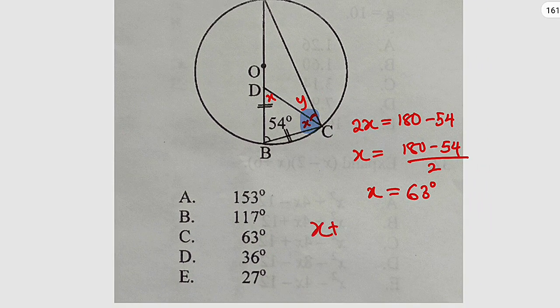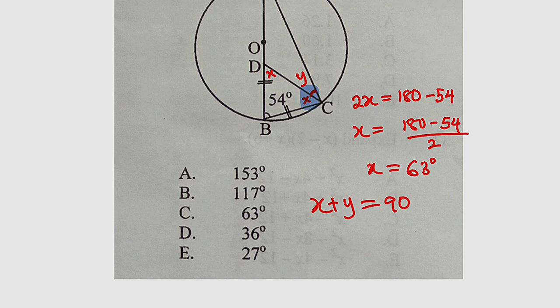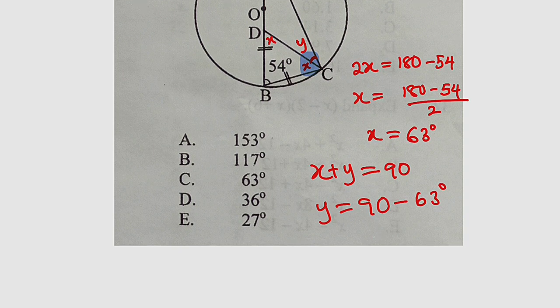X plus y must be equal to 90 degrees according to the theorem. But x is 63, therefore y is equal to 90 minus 63. And 90 minus 63 is 27 degrees, which is option E.